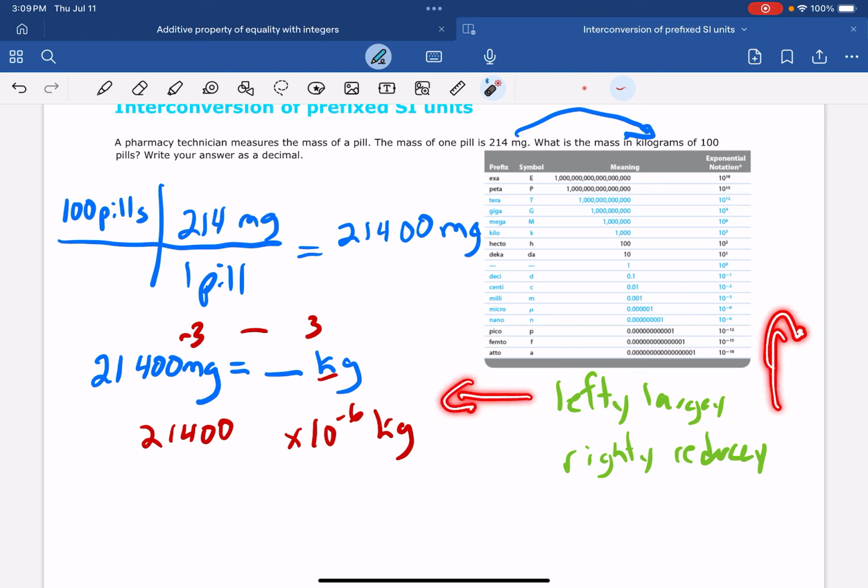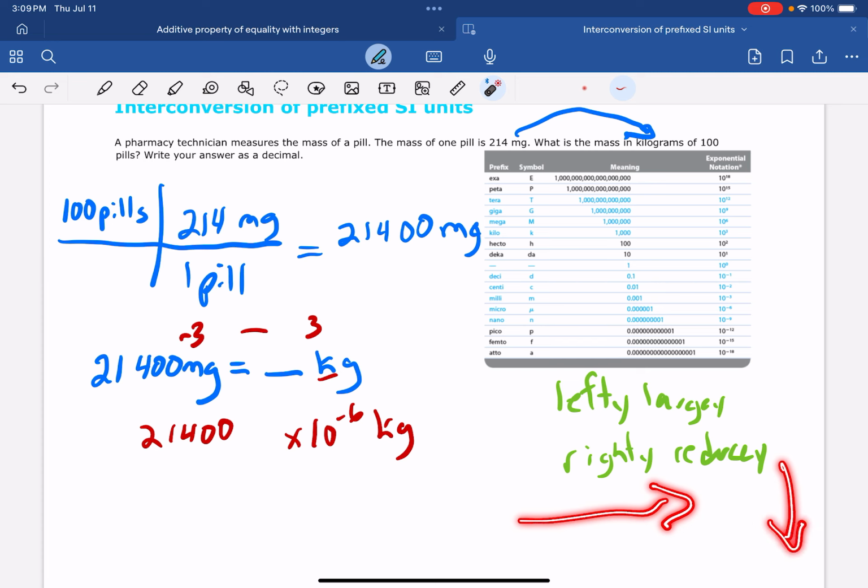Another way of saying that is, if you make the exponent bigger, you move your decimal to the left. If you move the decimal to the right, you reduce or lower your exponent. Now in this case, we need to get rid of this 10 to the negative 6, so we need to get that to 10 to the 0, which is the same as 1, which gets rid of that exponent.